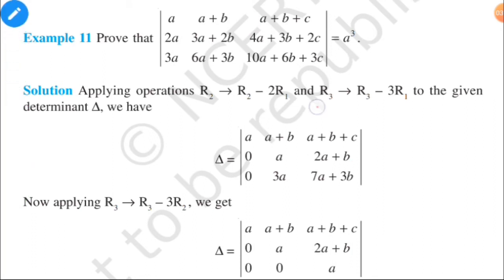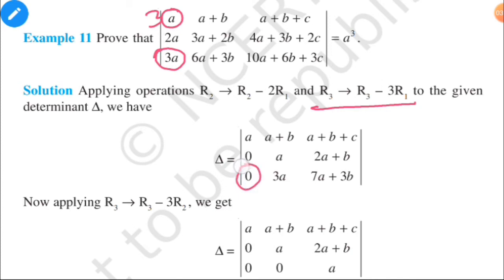Now applying this operation, R3 changes to R3 minus 3R1. We are going to change R3, that is row 3. Here R3 is 3a. 3a minus 3 into a is 0.